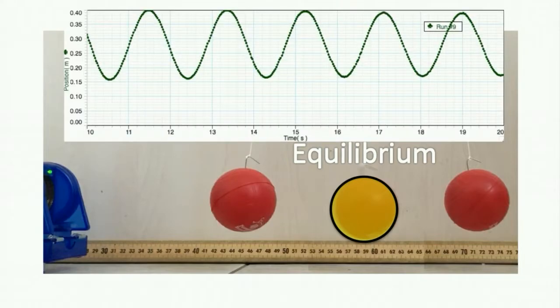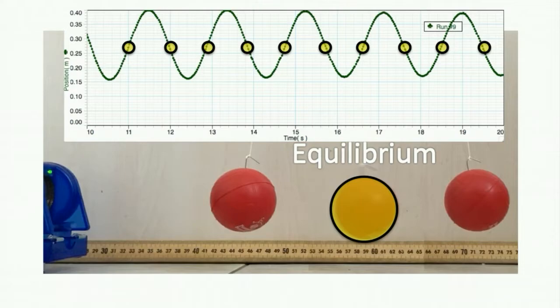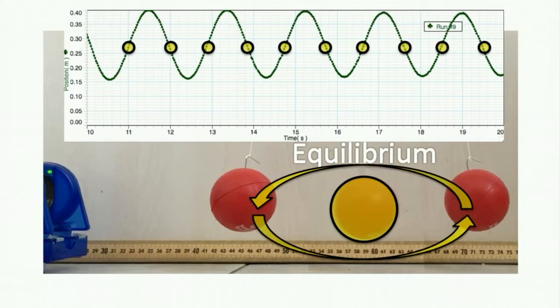And so where is the equilibrium in this graph? Well, it's right over there, and I've denoted that with that circle there. In fact, notice there are several times that the graph shows the equilibrium position, and that is, of course, because the pendulum goes back and forth.